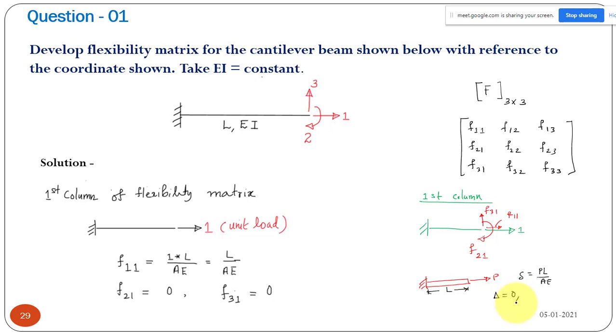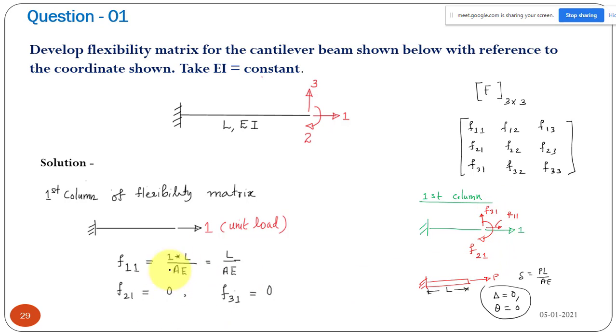There won't be any deflection, and there won't be any rotation also, because we are applying the load along the axis. There will only be some change in length, some axial deformation. That is why F31 equals 0 and F21 also equals 0.